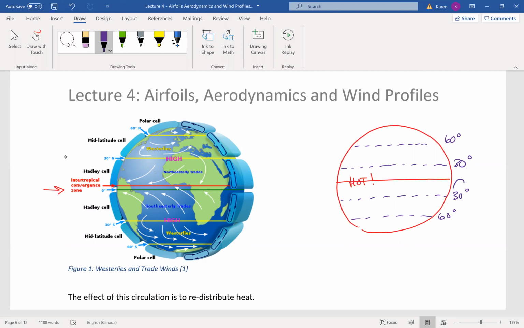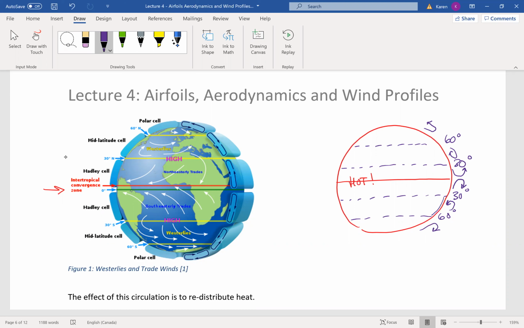So here the heat comes up, back, and down, but where it is colder in this region between 30 and 60, it actually flows the other way. So if I were to draw the arrow, it would be this way. And again, here, I would draw it coming up, and in this region, I would draw it going down. And so there's an opposite effect in each region.